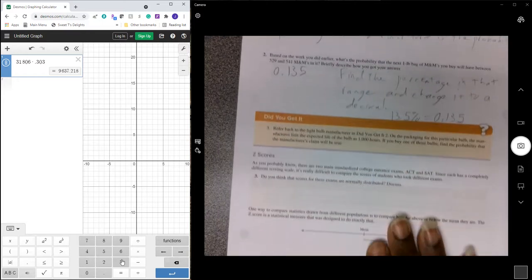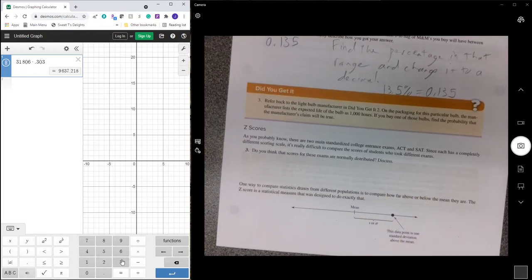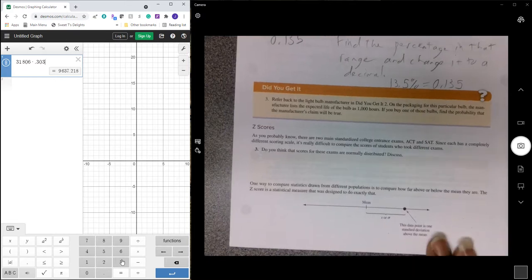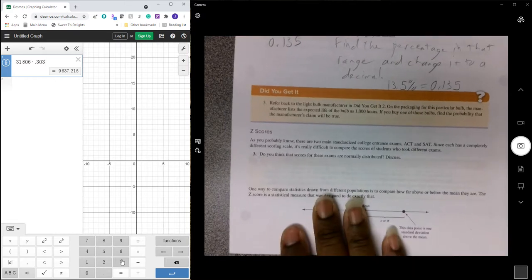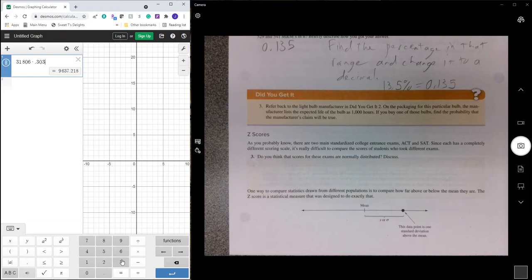Okay, now we come down to what are called z-scores. It says, as you probably know, there are two main standardized college entrance exams, the ACT and SAT. Since each has a completely different scoring scale, it's really difficult to compare the scores of students who took different exams. Do you think that scores for these exams are normally distributed?